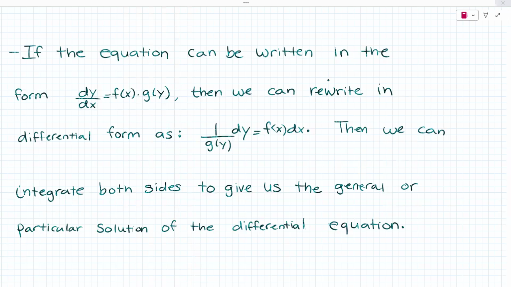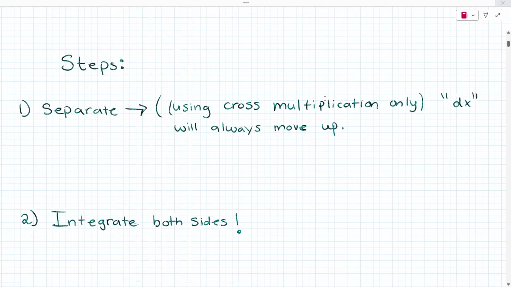Okay, so then we integrate both sides to give us a general or particular solution of the differential equation. Sometimes they might give you an initial value and sometimes they might not, so you may have a C and you may not have a C. So first step, cross multiply and try to get all the x's and all the y's on one side.